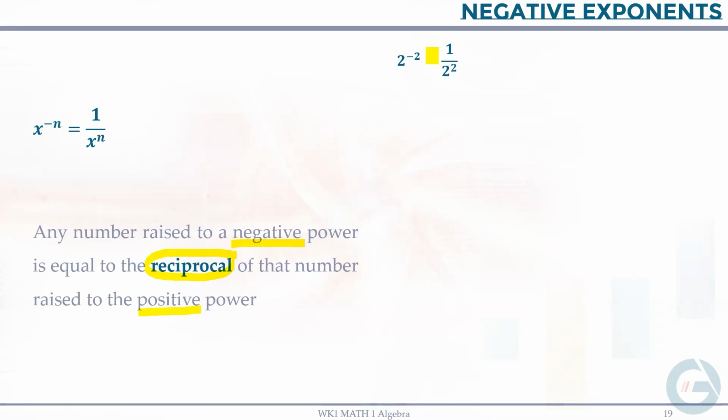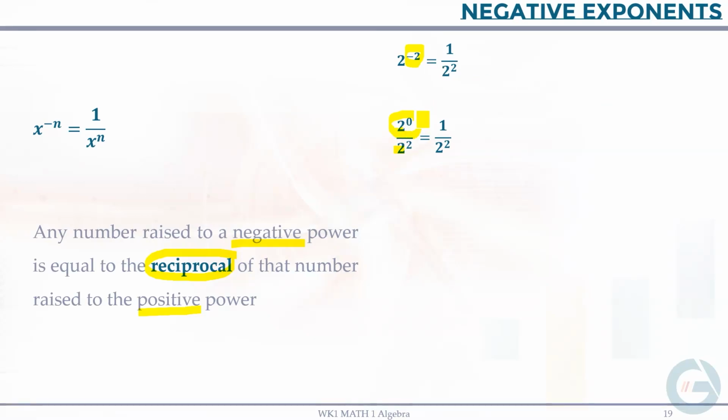To prove this one, we can represent 2 raised to negative 2 as 2 raised to 0 over 2 raised to 2. By the quotient rule, the same base 2, so we can subtract. 0 minus 2 is negative 2. Right? So this is equivalent to 1 over 2 raised to 2. So what is any number raised to 0?